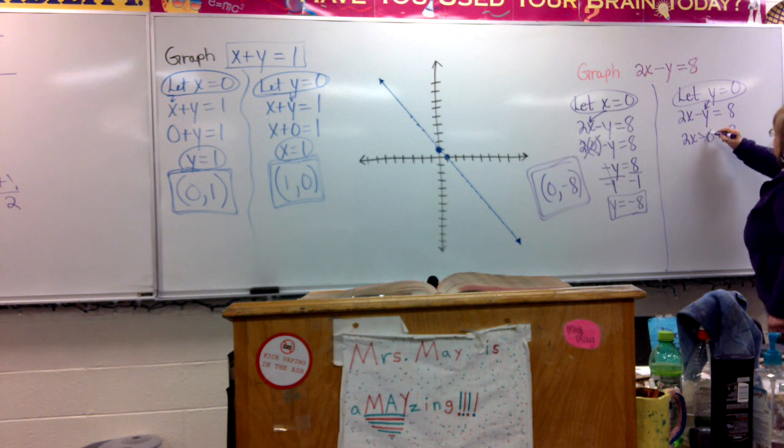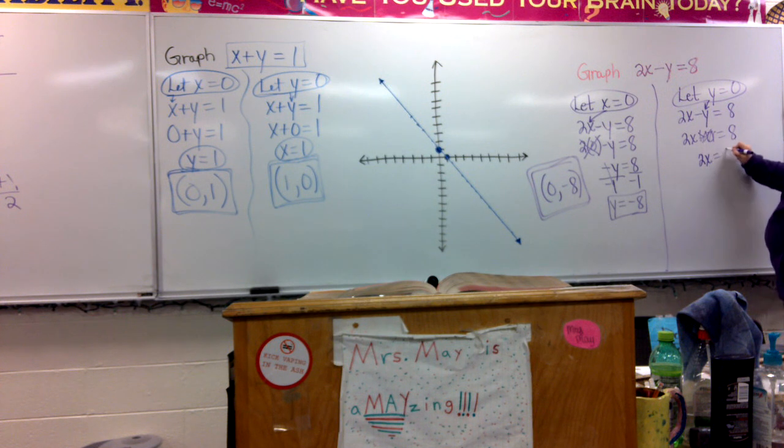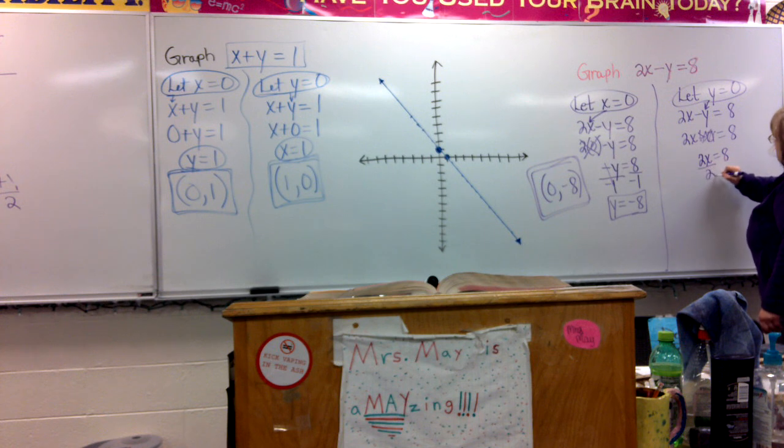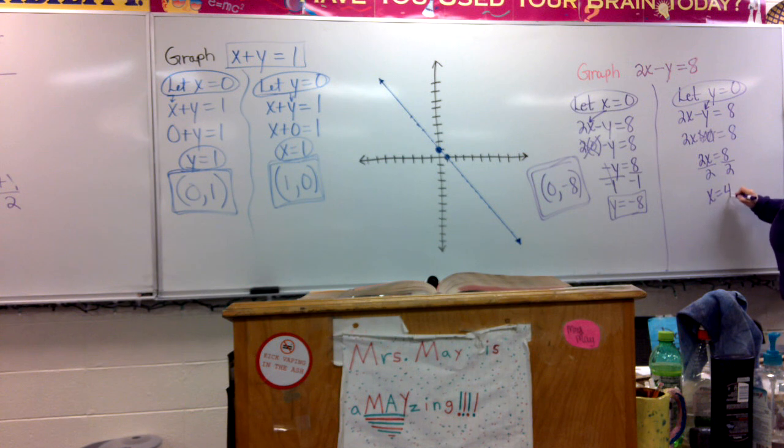So do I really need that minus 0? It's just 2x equals 8. What is x? So x is 4 when y is 0.